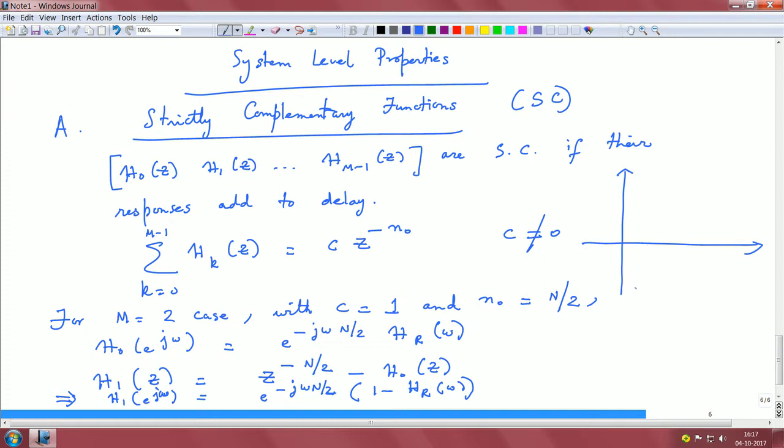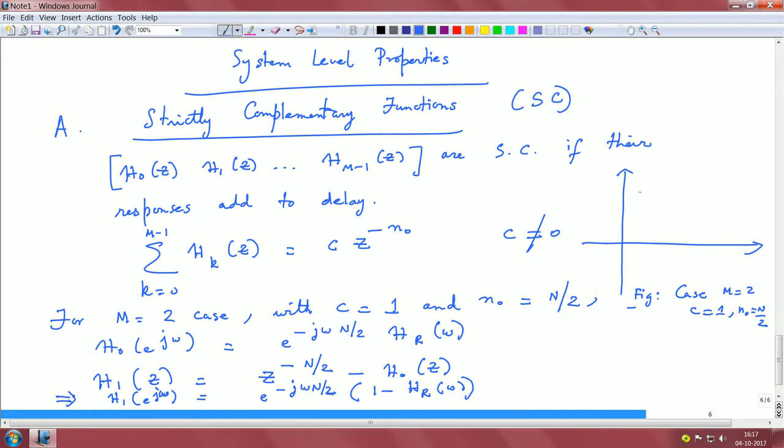If you think about how this could be sketched, so this is case M equals 2 with c equals 1 and n naught equals N upon 2.